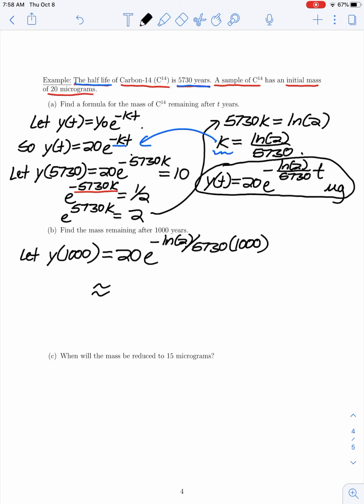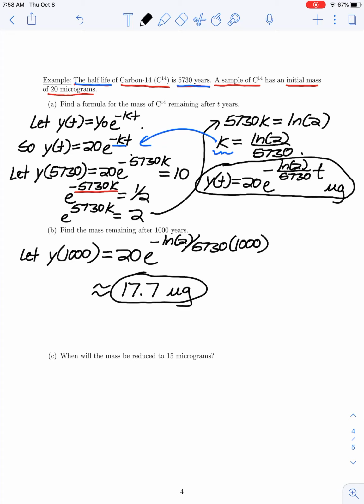And then multiplying by a constant 20, which gives us an approximate value of 17.7, where again this was being measured in micrograms. All right.